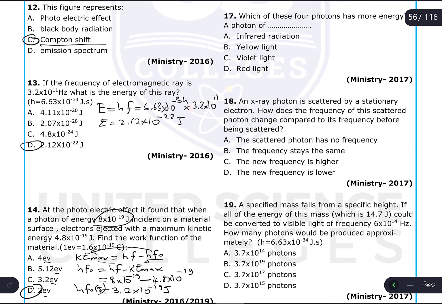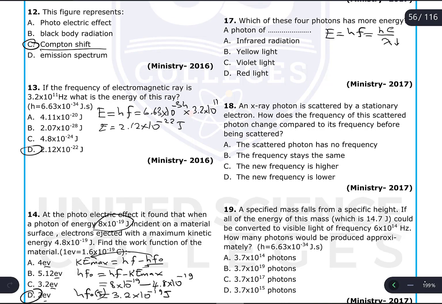Question number 7. Which of these 4 photons have more energy? Energy of the photon is calculated by, we know, h times f. Of course, the one with a greater frequency will have a greater energy. Or if you write this equation in terms of wavelength, the one which has a shorter wavelength will have a greater frequency, greater energy.